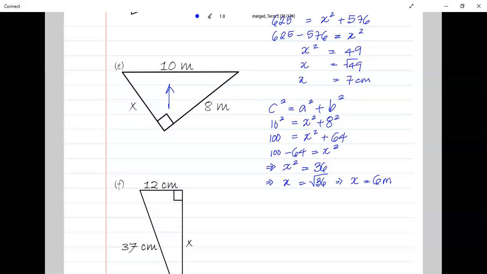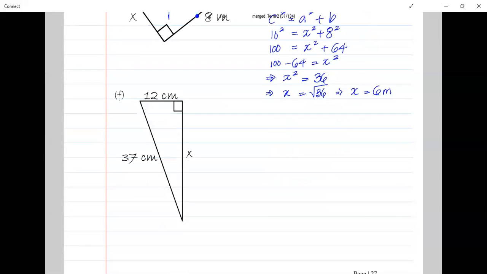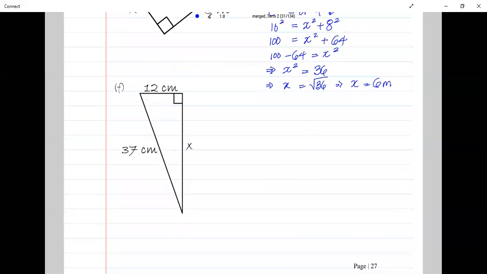And lastly, the last question. All right, in F, I have a right angle triangle of which I know the length of 2 sides, and I wish to find the length of the third side. And if I have a right angle triangle for which I know the length of 2 sides, and I wish to find the length of the third side, I must use Pythagoras Theorem.